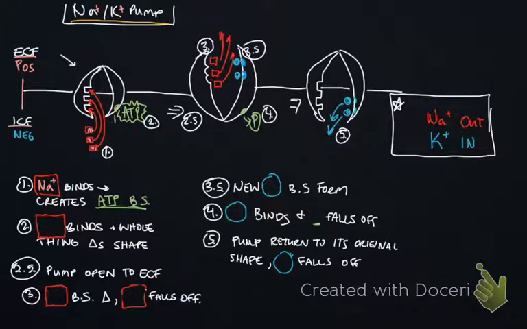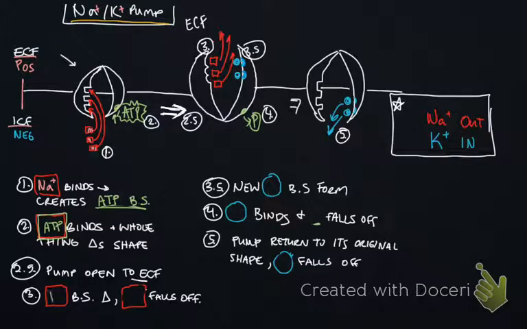Okay, that creates that ATP binding site. Then, this should be a green box here, ATP binds, and then the whole thing will change shape. And now it is open to the extracellular fluid, so the outside of the cell. Okay. Now the pump is open to the outside.